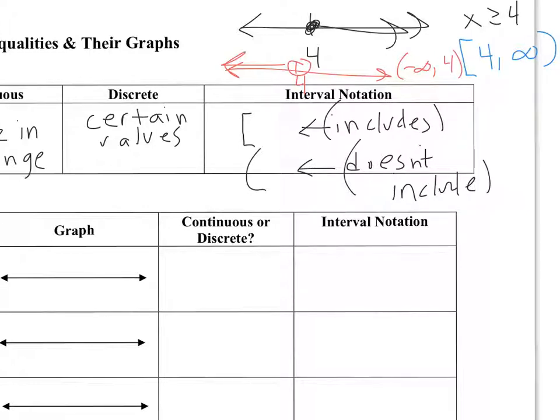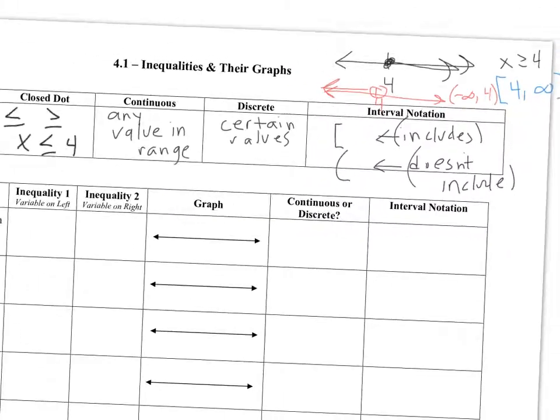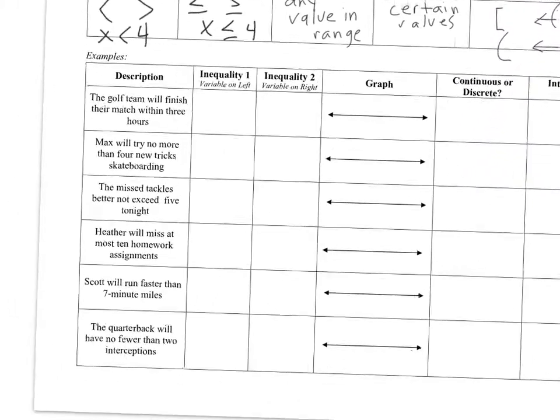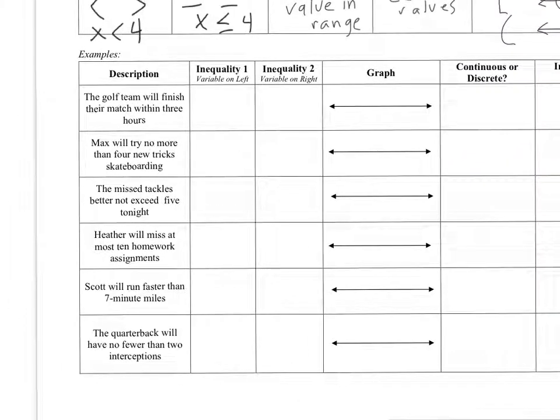So we're going to practice interval notation with the continuous data. Here we're going to have word situations, graph them, and figure out if it's continuous or discrete. So the golf team will finish their match within 3 hours. Within means that it could be 3 hours, so it's 3 hours or less. I can write it as x is less than or equal to 3.